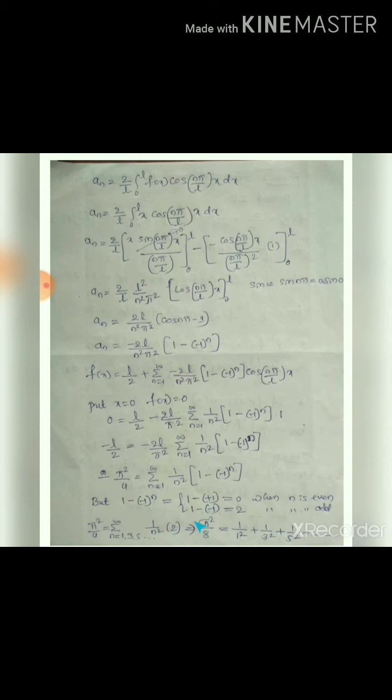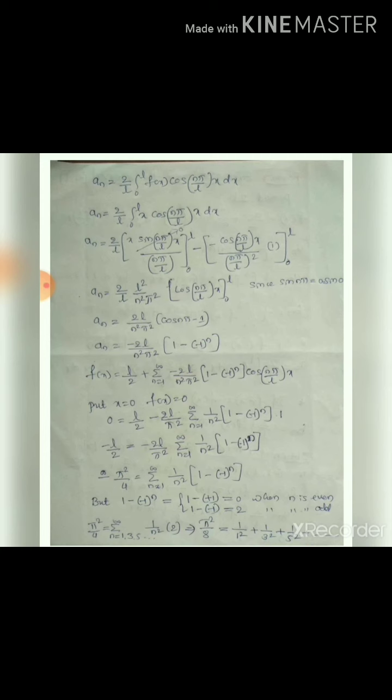Therefore 1 minus of plus 1, that is 0. This is whenever n is even. And if n is odd, then minus 1 raised to odd power will become minus, but 1 minus of minus 1 will be 1 plus 1, that is 2. This is whenever n is odd.